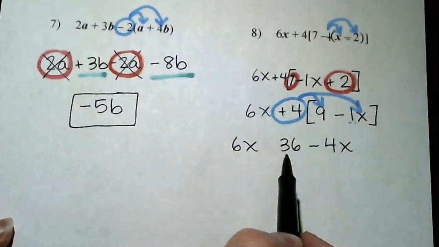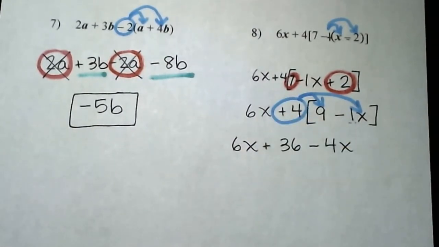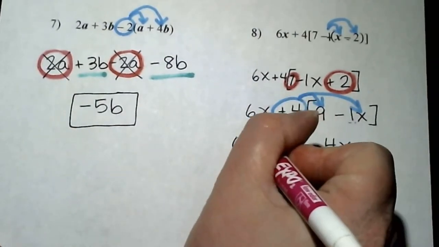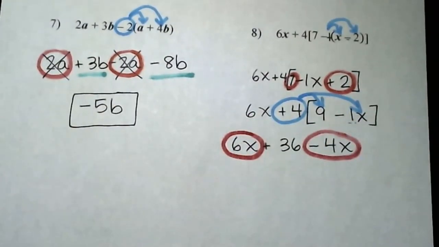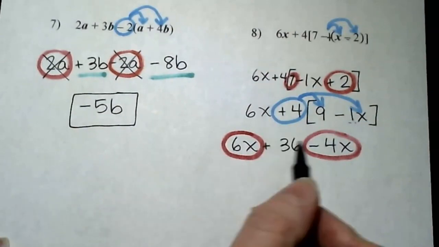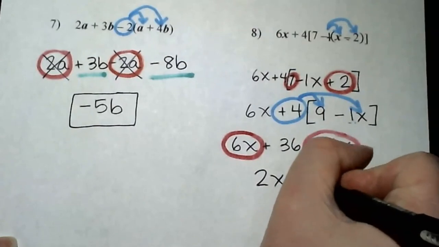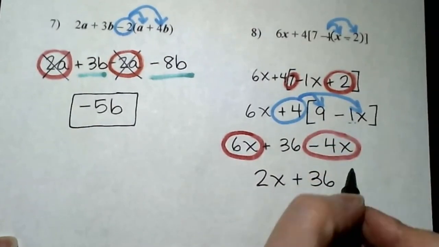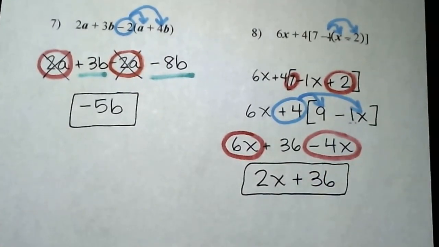Now this was a positive 36, so I'm going to write it as plus. And one more time, I see like terms that I can combine right here. 6x minus the 4x. 6 minus 4 is 2x plus 36. And that's all done. And that's the end of this section.